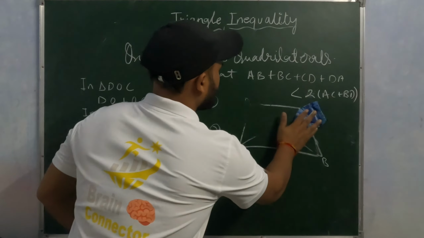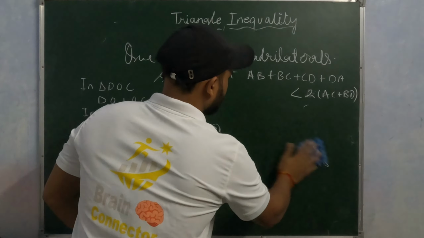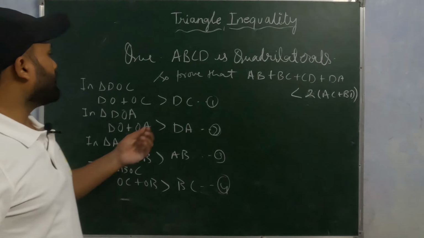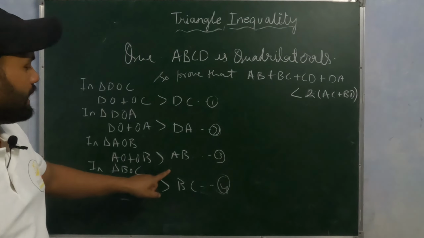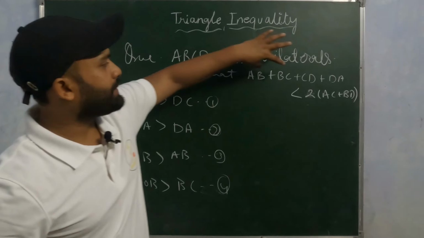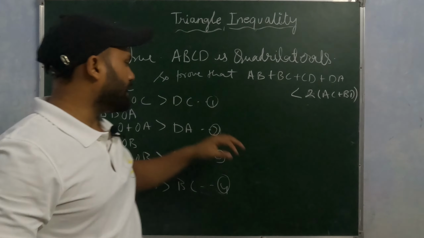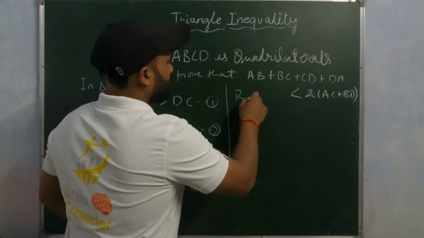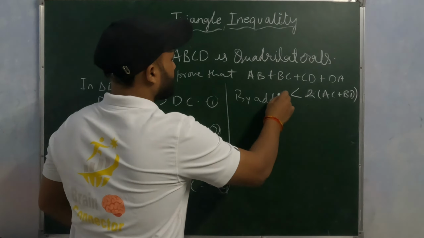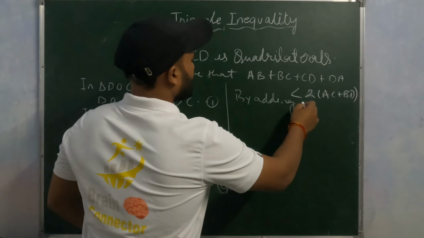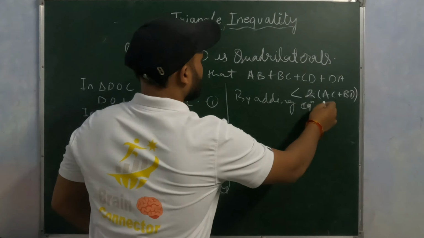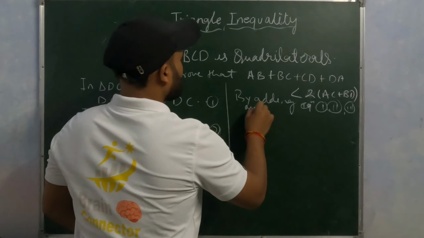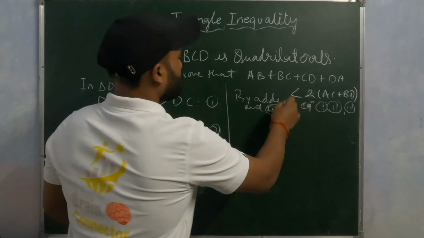Then you just have to add all of them, then you will get AB plus BC plus DA plus DC, which is required in the proof. So you will add all of the equations, by adding equation first, second, third and fourth.